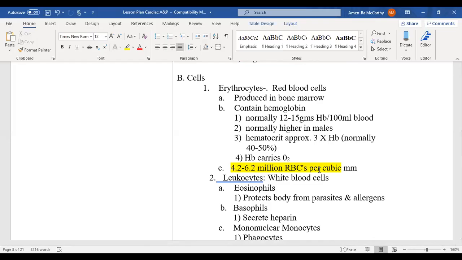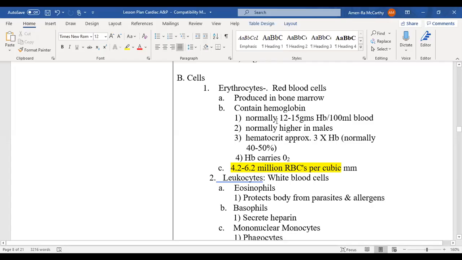All right. What is the protein that carries the oxygen? The hemoglobin. Hemoglobin is what carries the oxygen in the blood. So what's our normal hemoglobin, Deasia? 12 to 16. 12 to 15 grams.